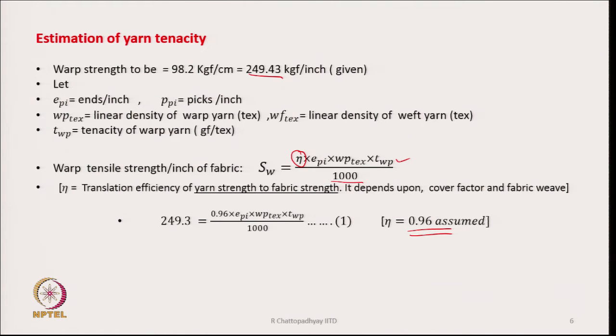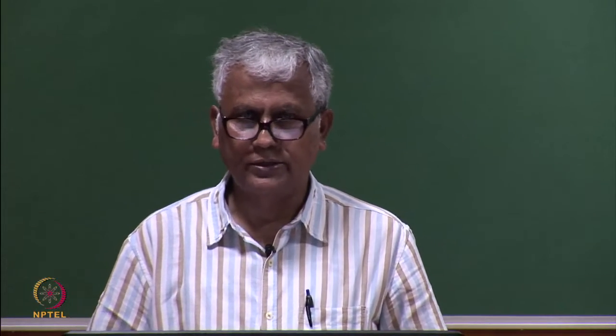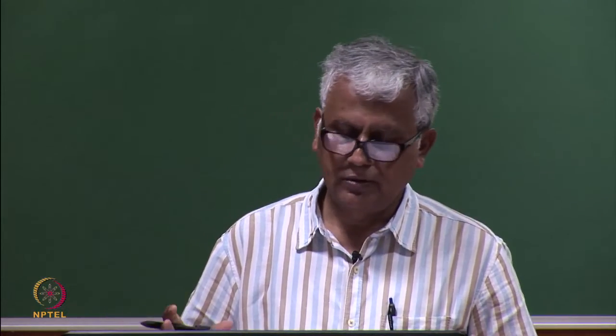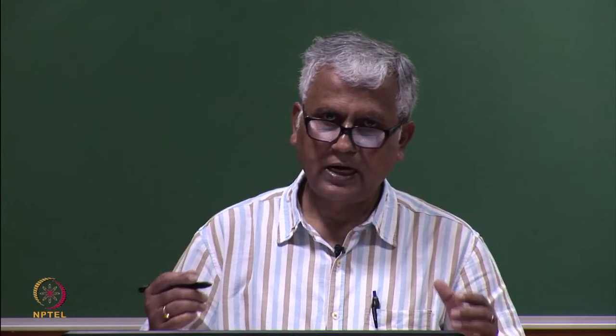So, whenever certain parameters are not given, we have to make some assumptions, and while making some assumption, it should not be completely arbitrary in nature. We have to consult certain research papers or some textbooks, and find out what sort of values people have reported. And a typical value we have to assume, so that we can make some estimation of the parameters to start with. It is basically the first iteration.